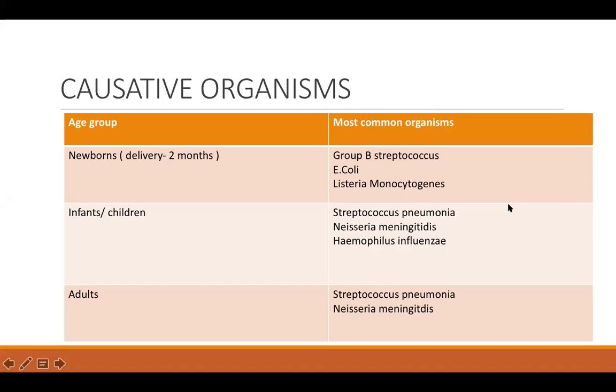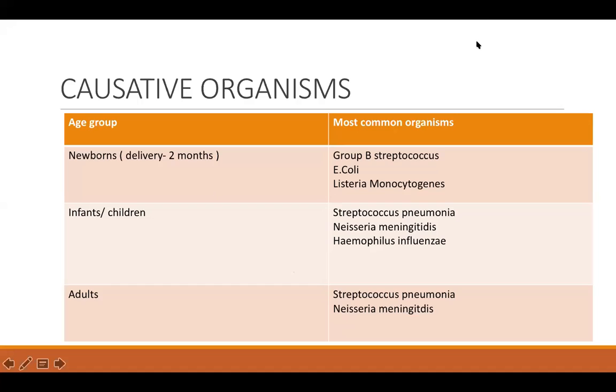If you notice, in adults, as we said before, Streptococcus pneumoniae is an important causative agent for respiratory tract infections, and once they have a respiratory tract infection, it spreads through the blood to their meninges.